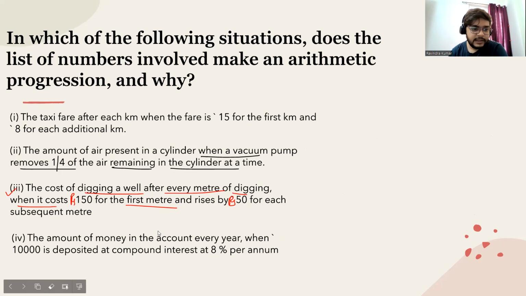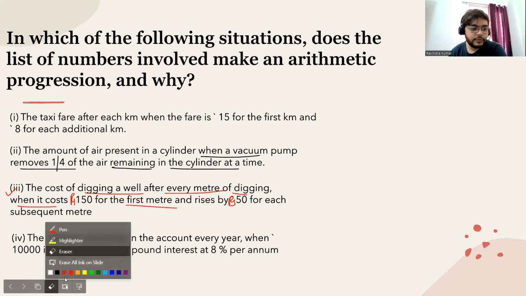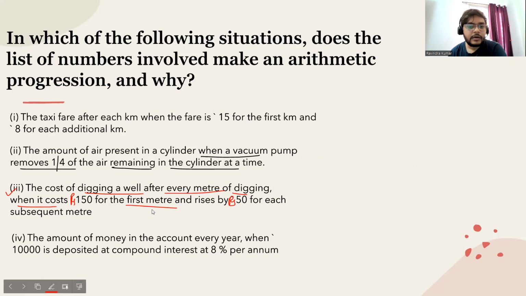It is saying that if we have to dig a well, for the first meter it costs rupees 150. But now we realize that we need to dig one more meter, so it will be 150 plus 50. If we need to dig one more meter, it will be this one.